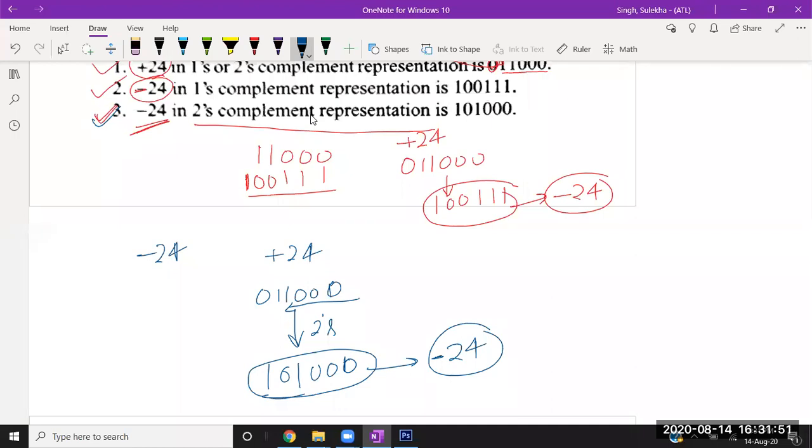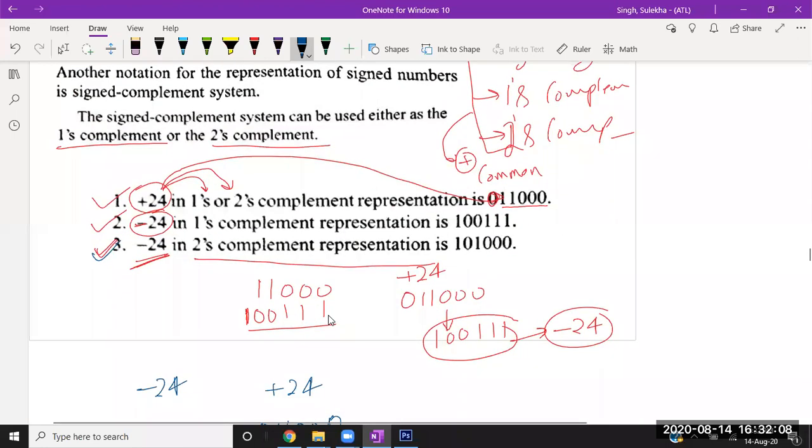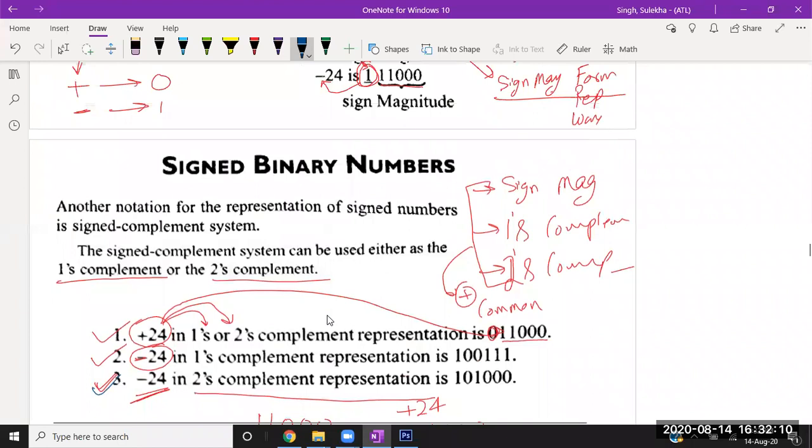So this is the way by which you are representing in the binary number system. If you are dealing with a negative number of the decimal number system, you can convert it into a binary number system. But before conversion, you need to clearly understand in what way you are converting, whether you are following sign magnitude, one's complement, or two's complement conversion.